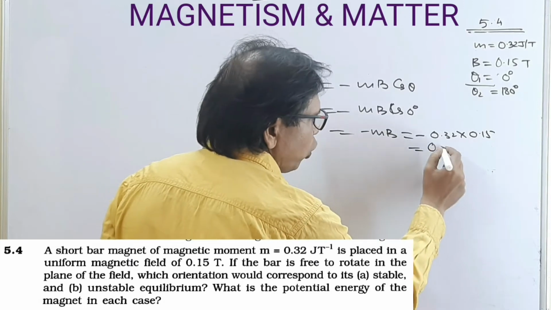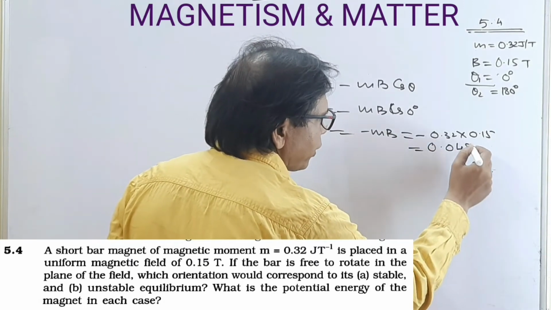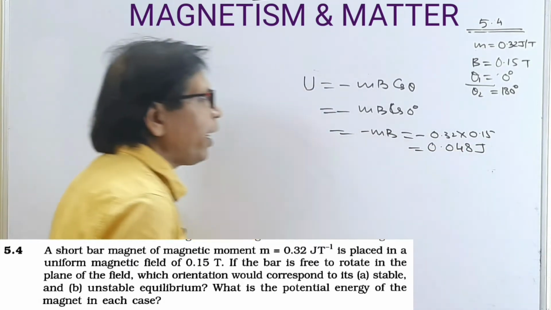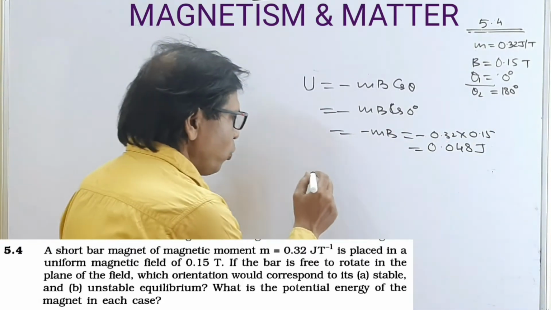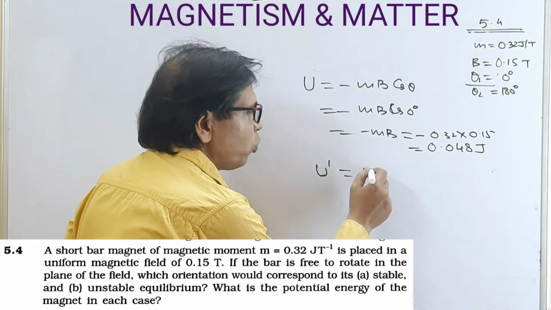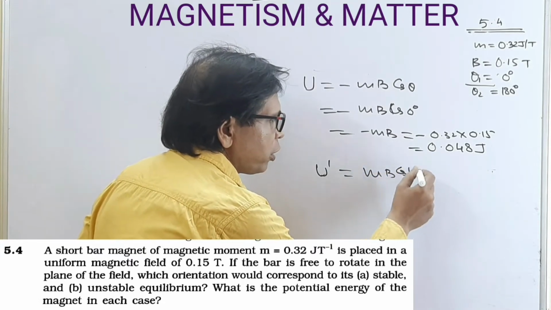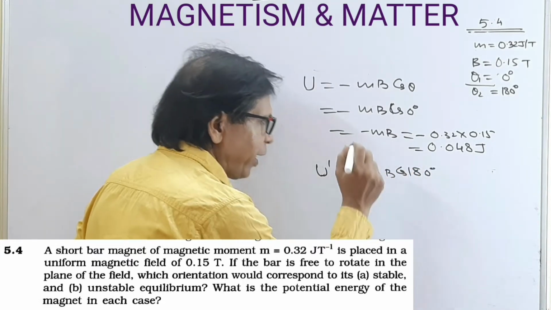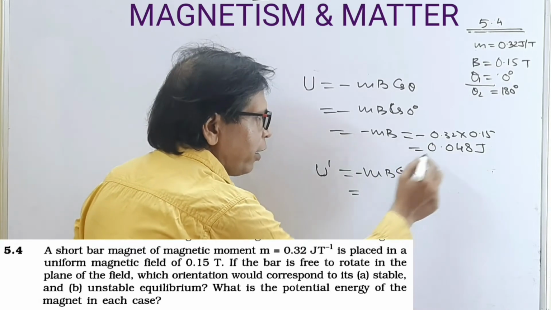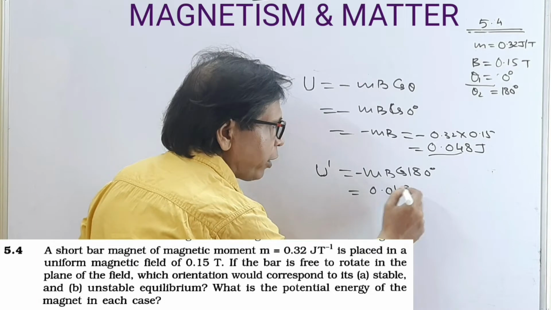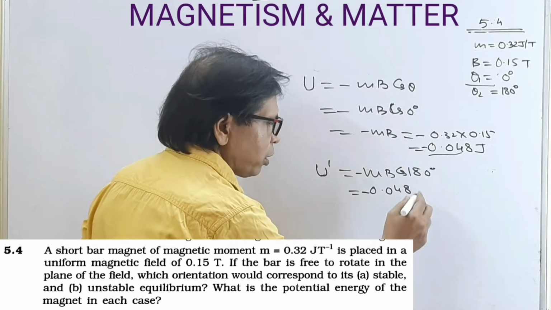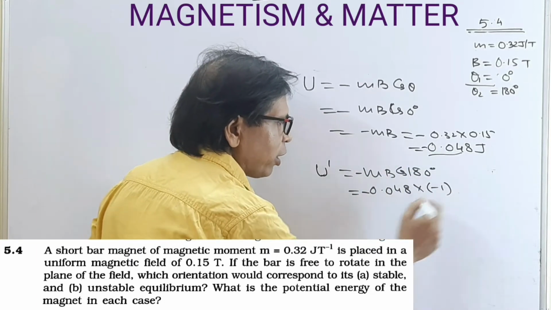So this is 0.048 joule. Again, when it is placed in unstable position, now this is U dash equals mb cos 180 degree with negative sign. So look at this, this is mb, so 0.048, look at negative sign, into minus 1.